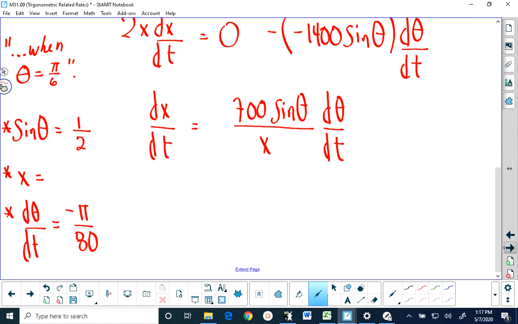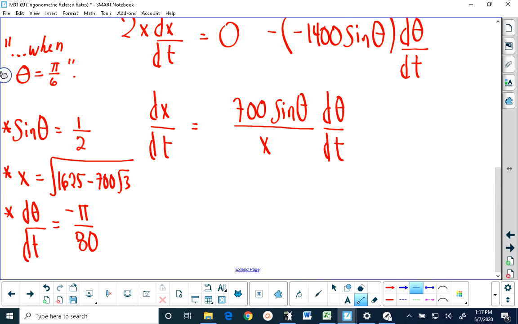We know what x is. X is the square root of 1625 minus 700 root 3. So those are the three quantities that need to go into this equation.